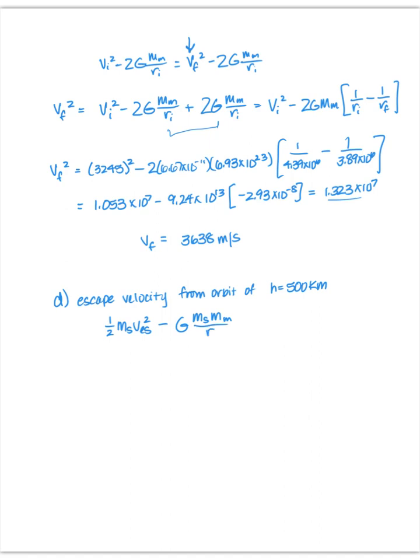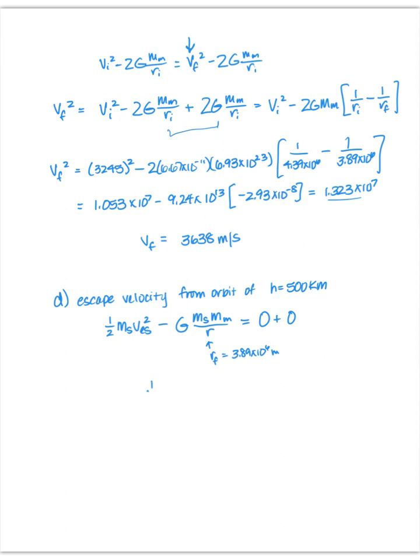So this is going to be the r final, which was 3.89 times 10 to the 6 meters. And then we say, if we truly move at the escape velocity, at the final situation, we have no kinetic energy, but we also have no potential energy because we've escaped from the gravitational pull of the planet.